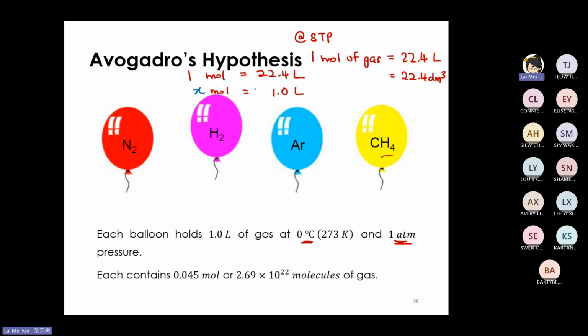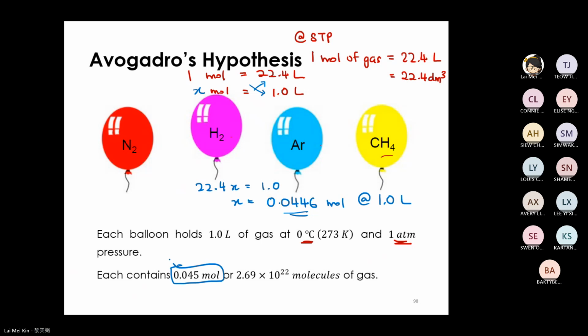I hope you guys know how to do this, mathematics. 22.4 times x equals 1.0. X equals? 0.0446 mole. So at 1 liter, I will have 0.0446 mole.